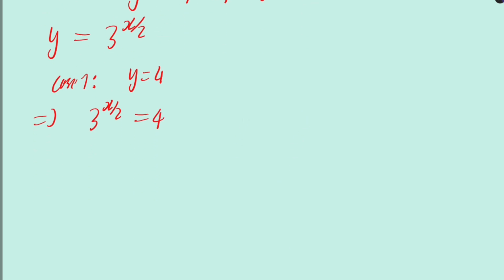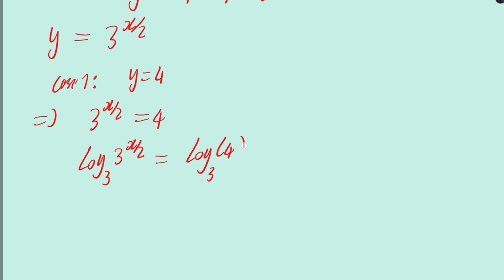Now, to solve this for x, we can only do it by taking the logarithm with base 3 on both sides, which is log base 3 of 3 to the power x on 2 is equal to log base 3 of 4.